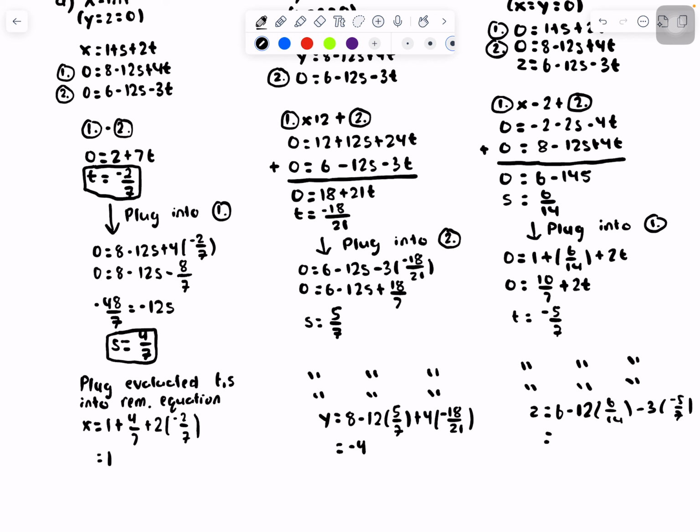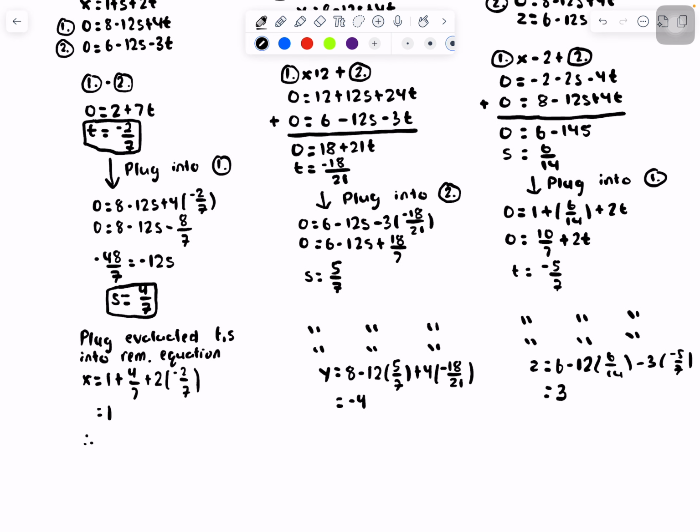Z is equal to, plug this into your calculator, 6 minus 12 times 6 over 14 minus 3 times negative 5 over 7. Wow, 3. Perfect. Okay, so that's all of our intercepts.